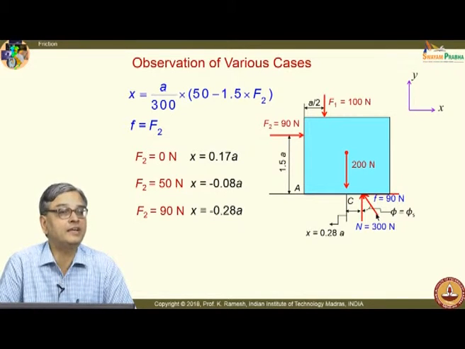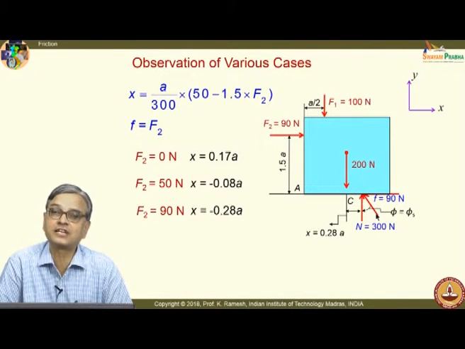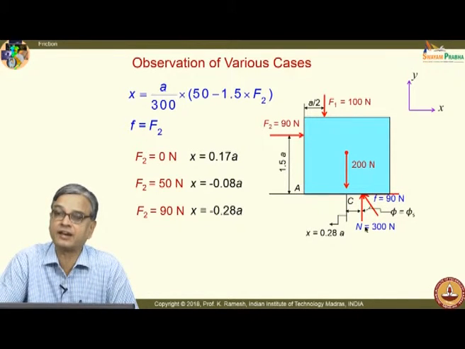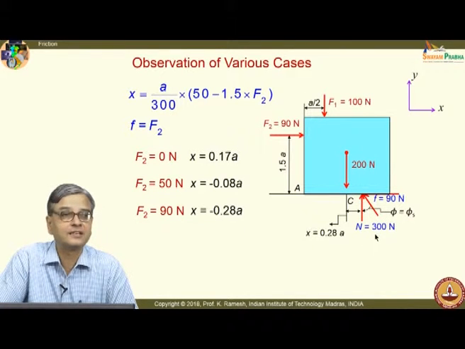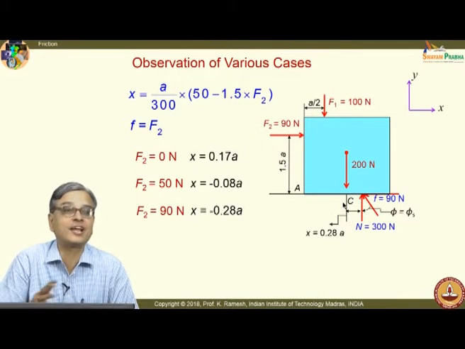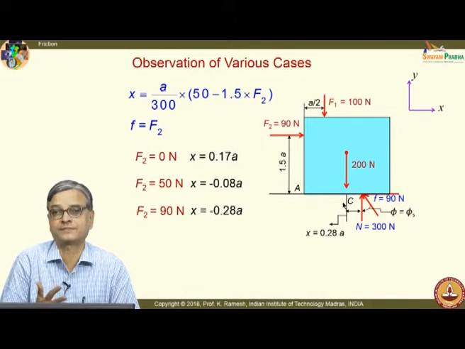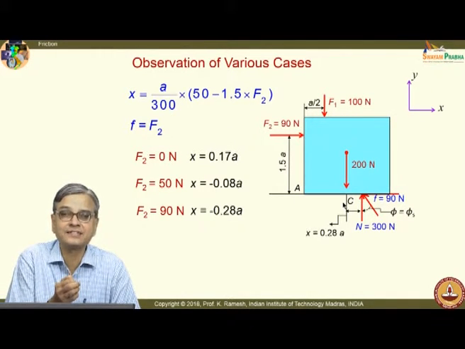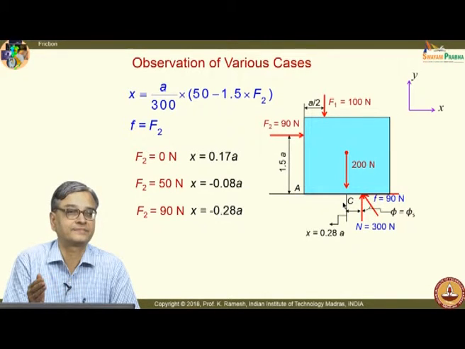It has given the coefficient of static friction as 0.3, and the normal reaction as 300. So, the maximum frictional force it can reach is only 90 newtons. So, this is the situation where the block is in a state of impending motion. If the force is slightly increased, then the block will begin to slide.